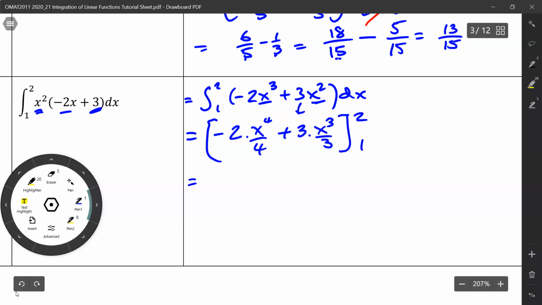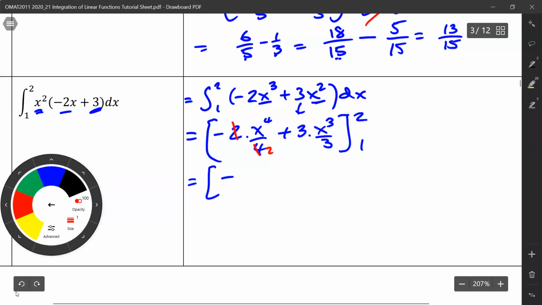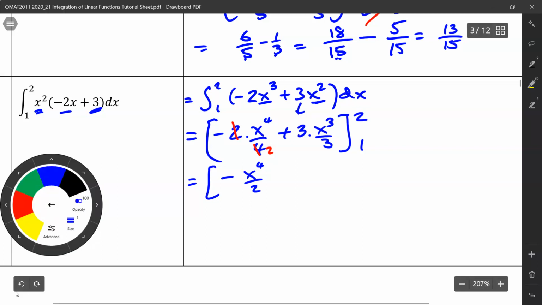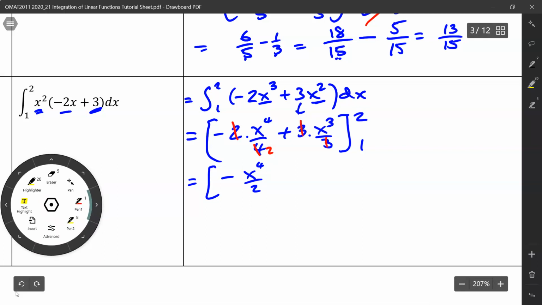So this gives me, if I tidy it up, 2 obviously goes into the 4 twice. So it's minus x to the 4 over 2. The 3 and the 3 cancel. So it's just nice simply plus x cubed going from 2 to 1.